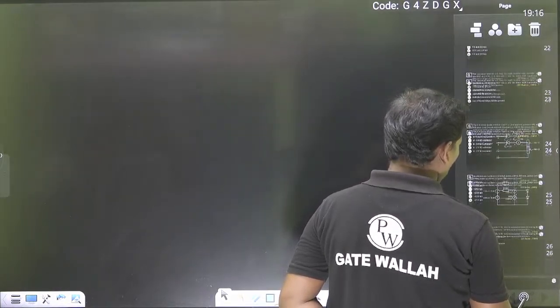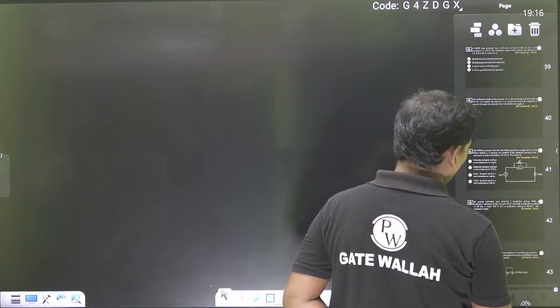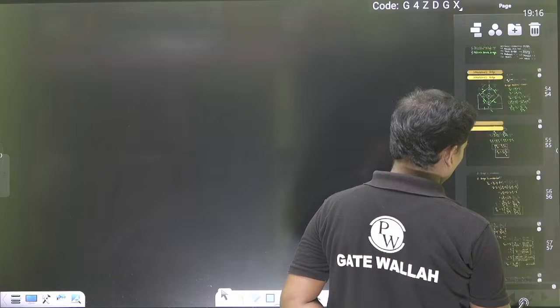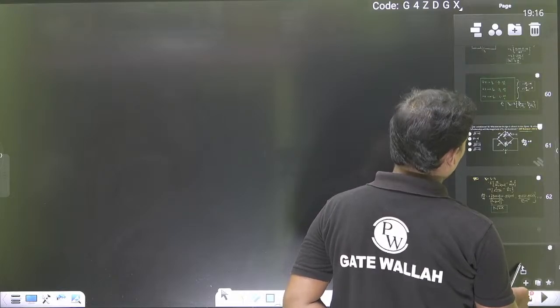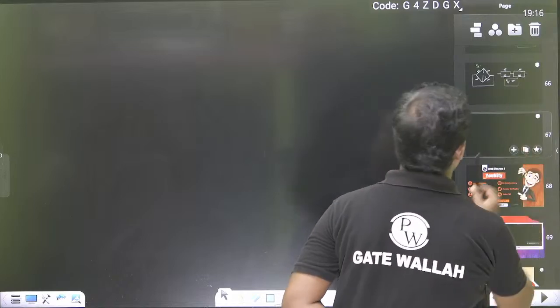Because we need to find out the galvanometer current, for that we started with V Thevenin's and R Thevenin's. Now slowly we have to reach the galvanometer calculation. So what is the galvanometer current?